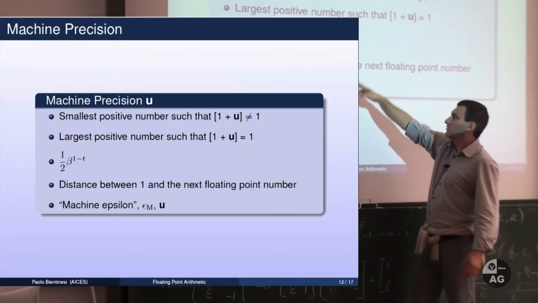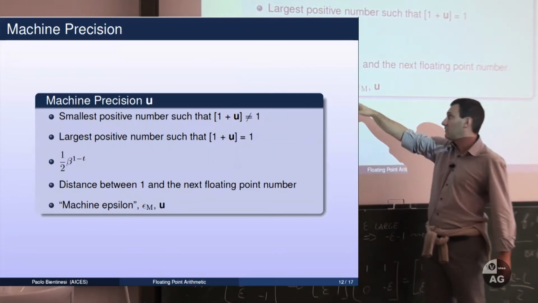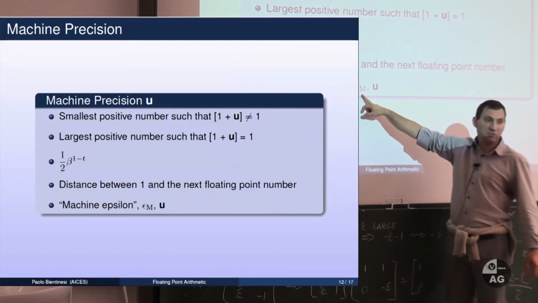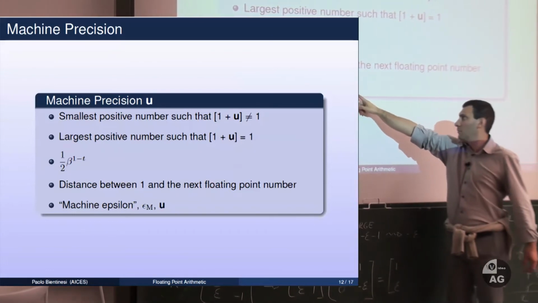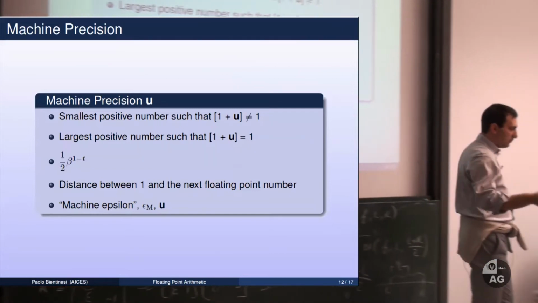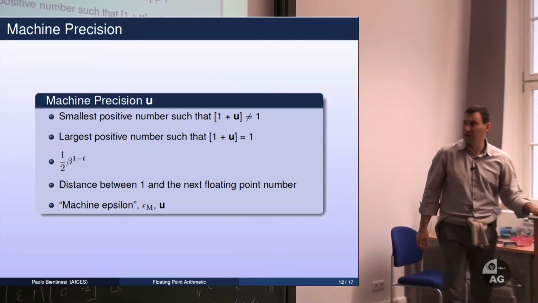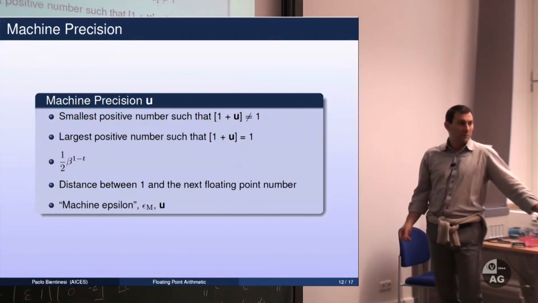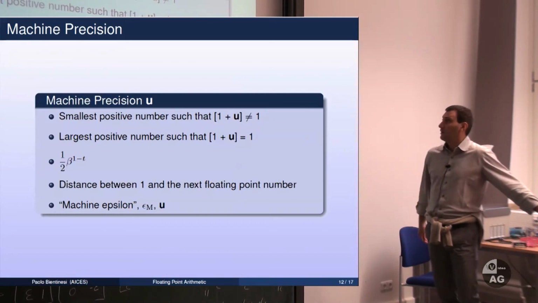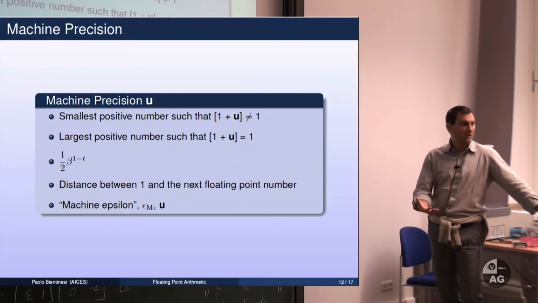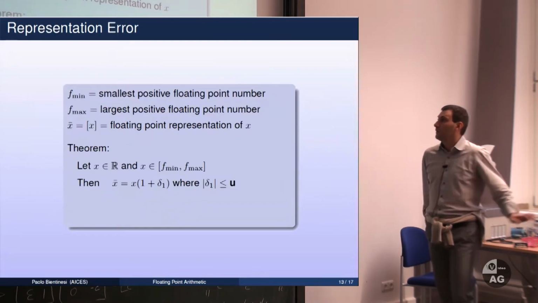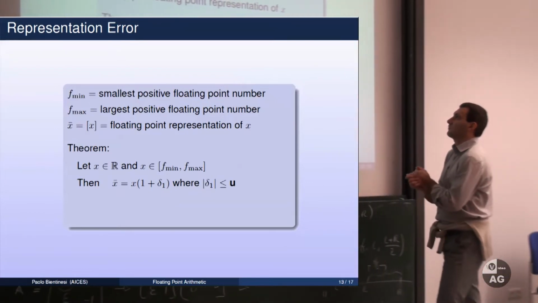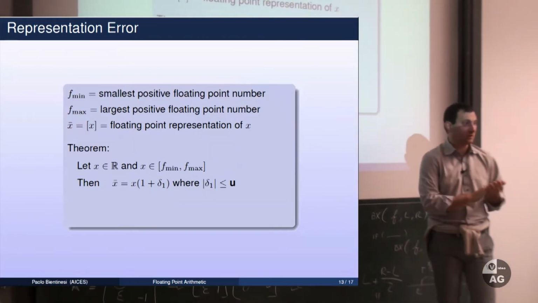And again, machine precision is also called machine epsilon. Sometimes it's represented with an epsilon m, most often with a bold u. Why do we need this number? Because the IEEE arithmetic gives us some guarantees, all in terms of this u. So, representation errors.